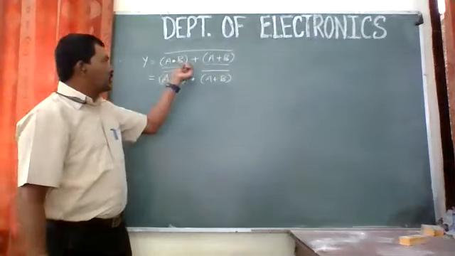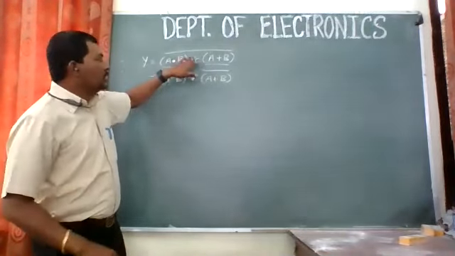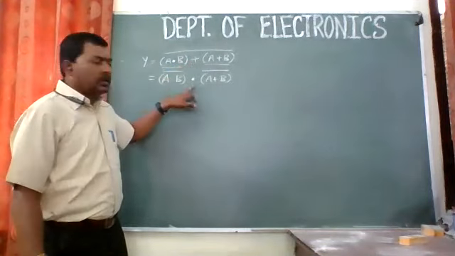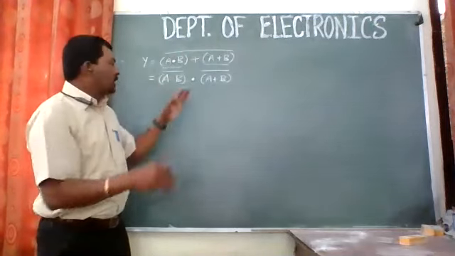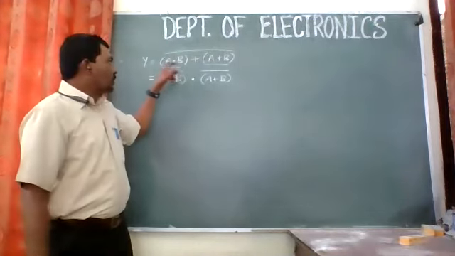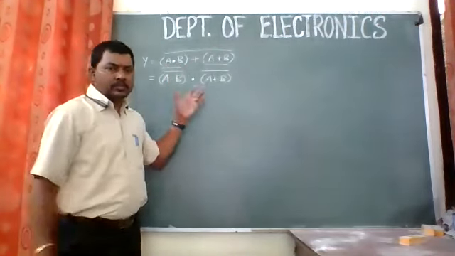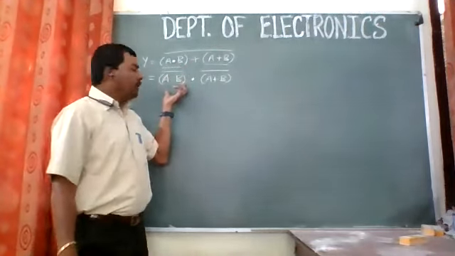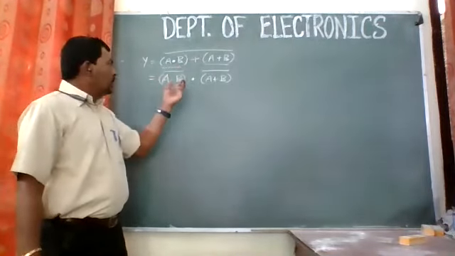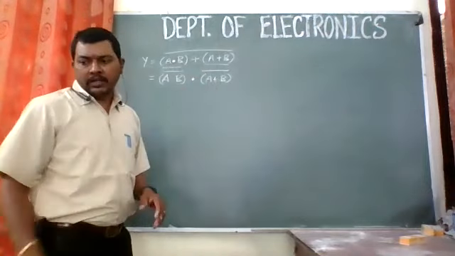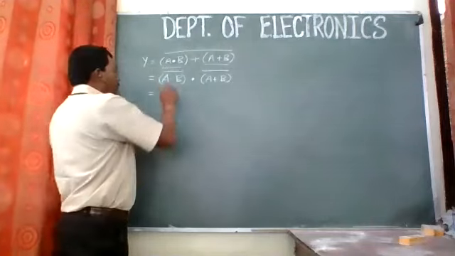So I have just reduced this positive sign to a dot product, right? So the whole complement can be split into two parts by using just the dot product. Now again we can do that in the other equation: a dot b complement, dot, a plus b complement, right? So resolve that by using De Morgan's theorem again.